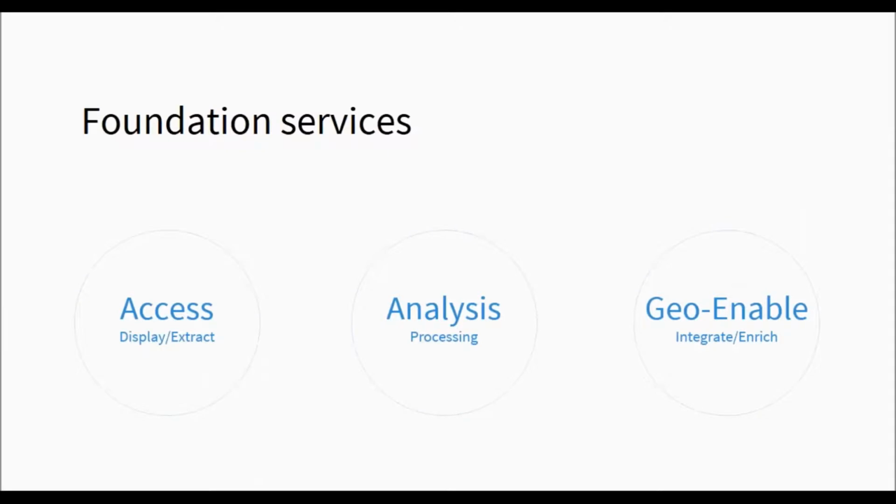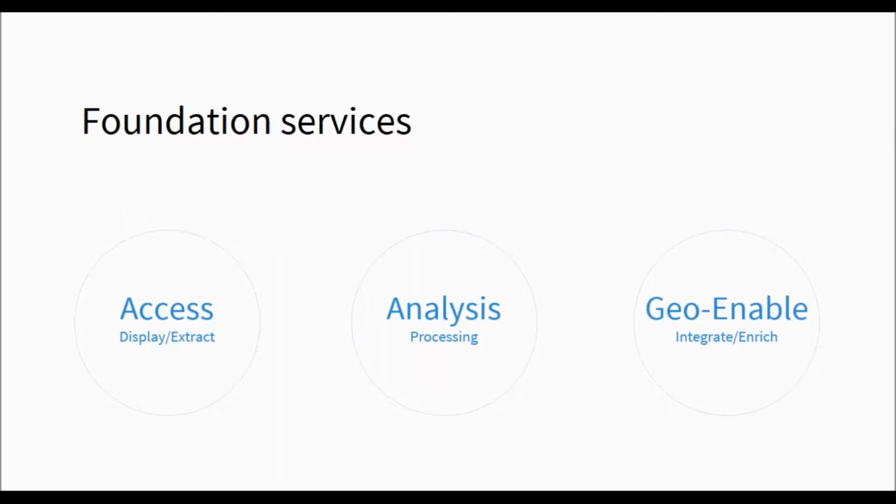When it comes to services that you might need, I think they roughly fall into three different categories. Access to data with an objective to display or extract data is certainly an important part, and is probably the area where most of the development has gone in previous years.